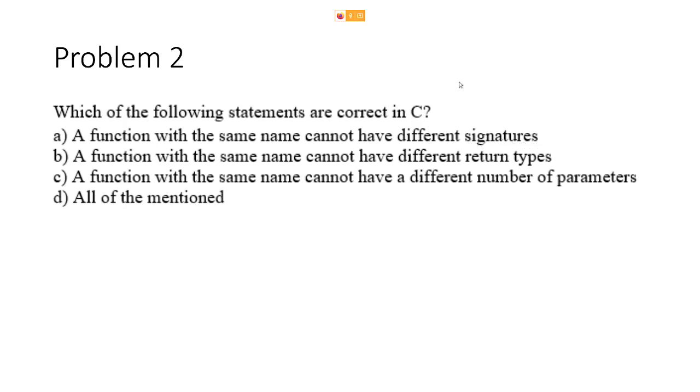You say int foo, and it takes two parameters, int a, int b. So that is a function signature. Option B is a function with the same name cannot have different return types. C is a function with the same name cannot have a different number of parameters. And option D is all of the mentioned.